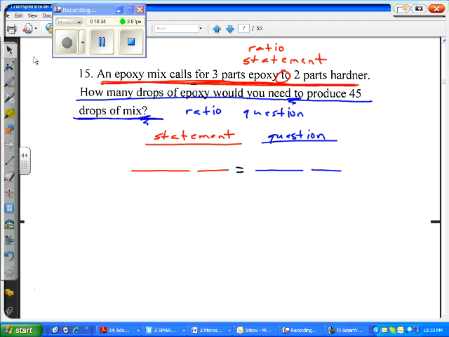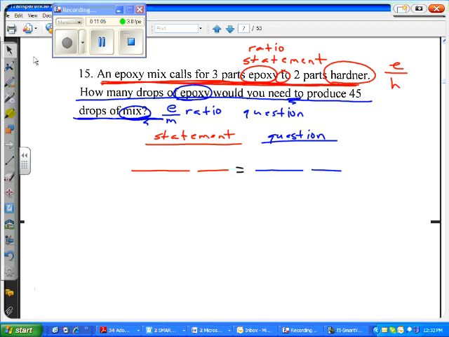Well, if you look at this, the first ratio says 3 parts epoxy to 2 parts hardener. That's epoxy to hardener. That's E over H. The question is, how many drops of epoxy to 45 drops of mix? This is E over M. We can't have that. A proportion has to be two comparisons of the same two items.